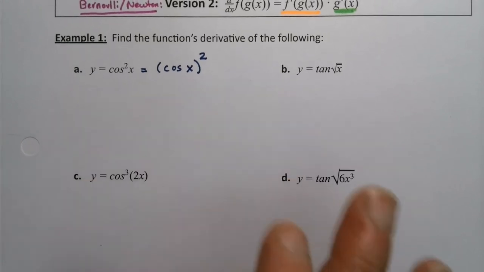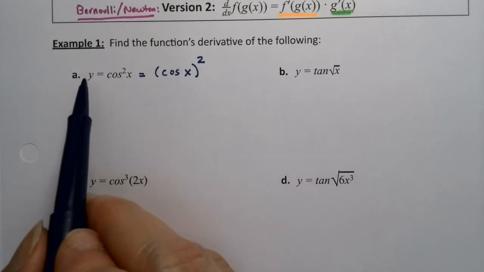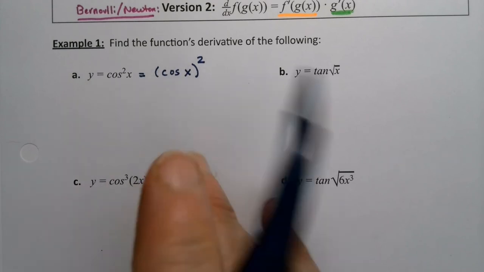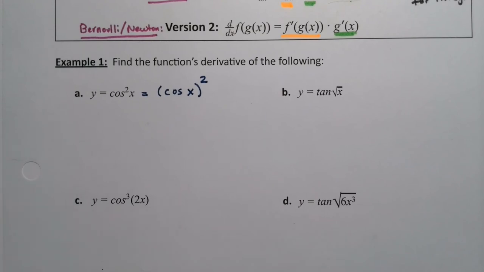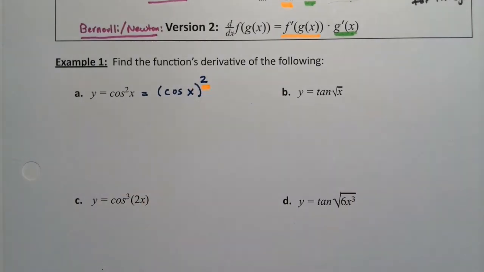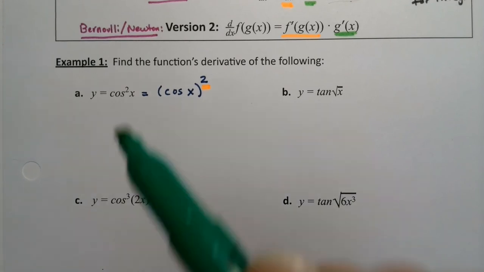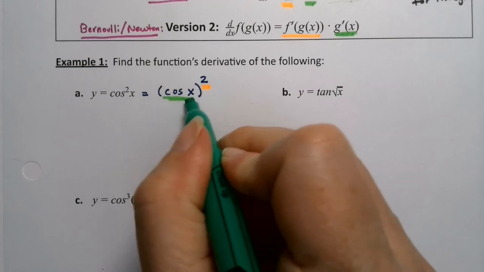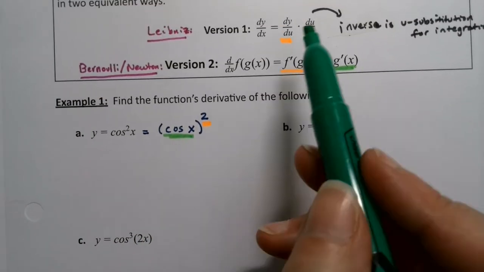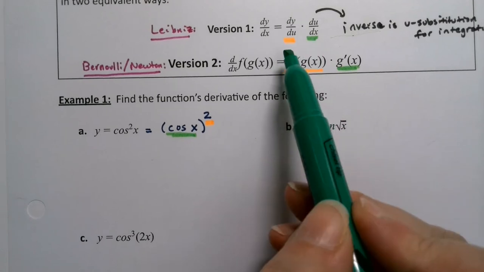Okay, so if I want to find the derivative of this, I need to really be finding the derivative of this, which should let you know what the outer function is. The outer function is right here. It's the squared part. And the inner function is the g of x, which is the cosine of x part. Right? There it is. So according to our rules, we take the derivative of the outer function with respect to the inner function.